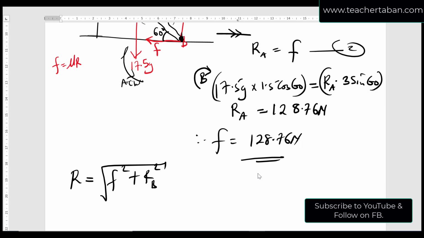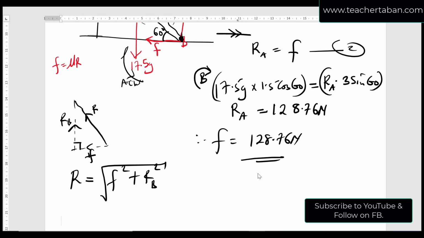In other words, our R is at an angle, and vertically we have RB and then our F.